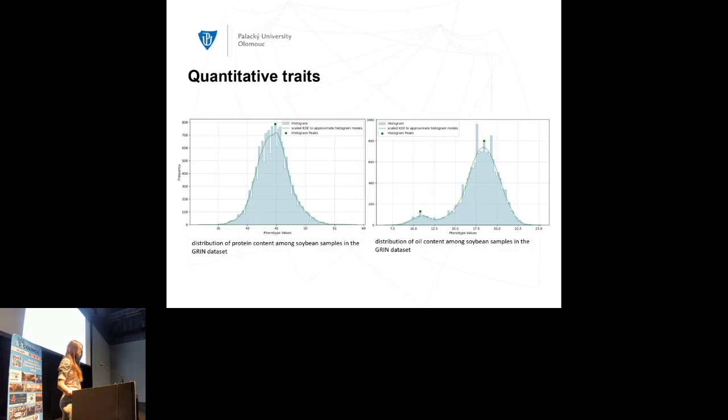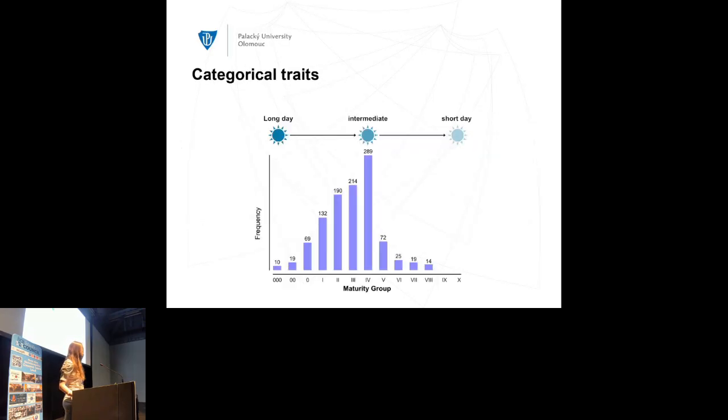Another very important quantitative trait for soybean is maturity group, which reflects the time when soybean plants reach maturity. This quantitative trait can be divided into several categories.